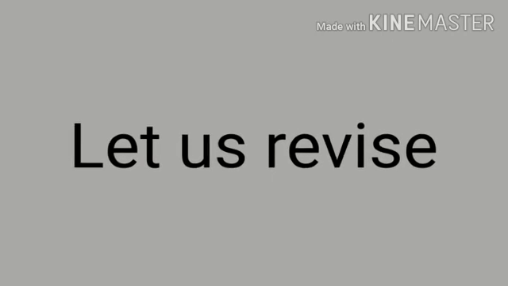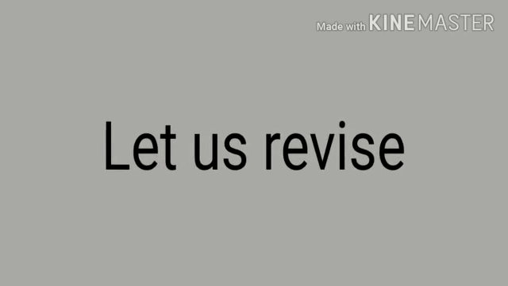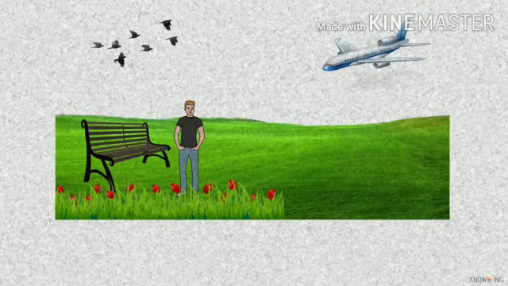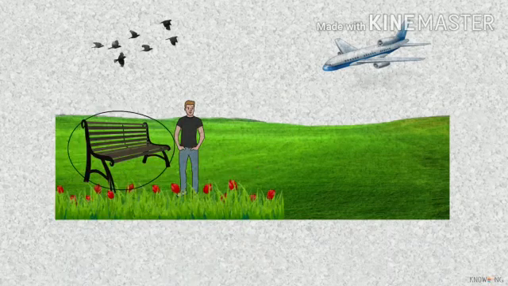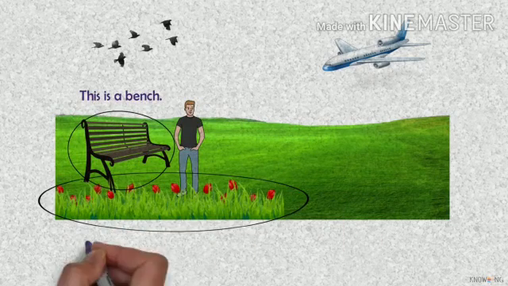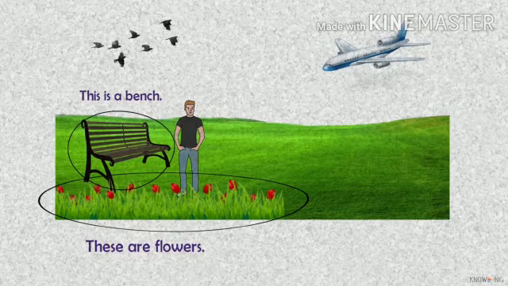Okay, children, now let us revise. Look at this beautiful garden. The man is going to tell us about the things around him. This is a bench. These are flowers.